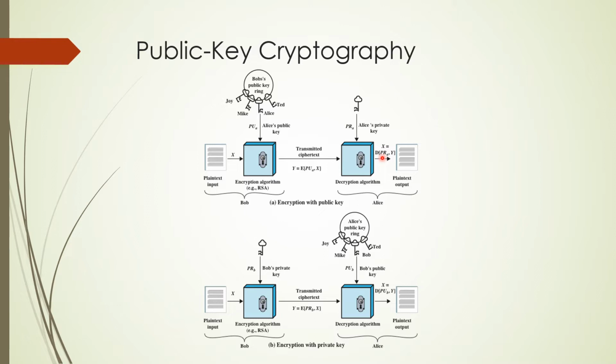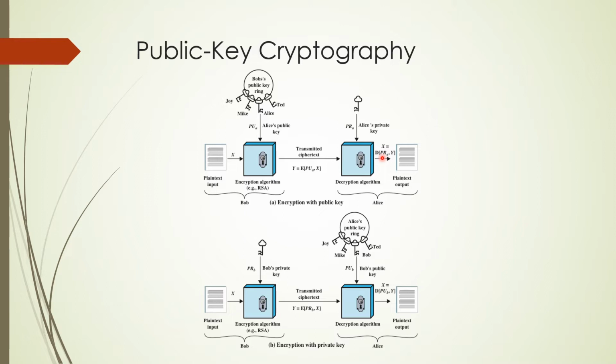And now you can see why this is going to be a confidential message exchange, because only Alice can reconstruct the plain text. Everyone else is not aware of what the private key of Alice is, and the ciphertext Y can only be decrypted in a feasible fashion and in a limited time by using the private key of Alice.